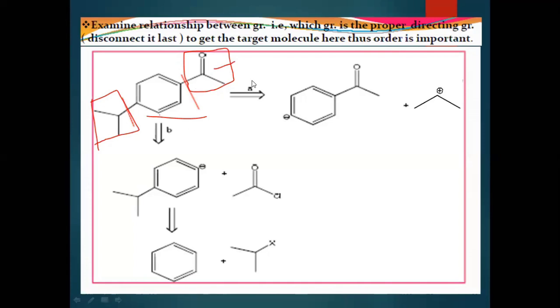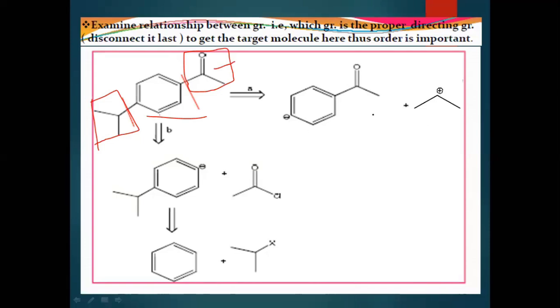There are two paths one can propose particularly for this kind of target molecule. If it is path A, then in path A, try to do the disconnection particularly at this junction. Then you will get, in path A, the negative charge synthon, along with the positive charge synthon.